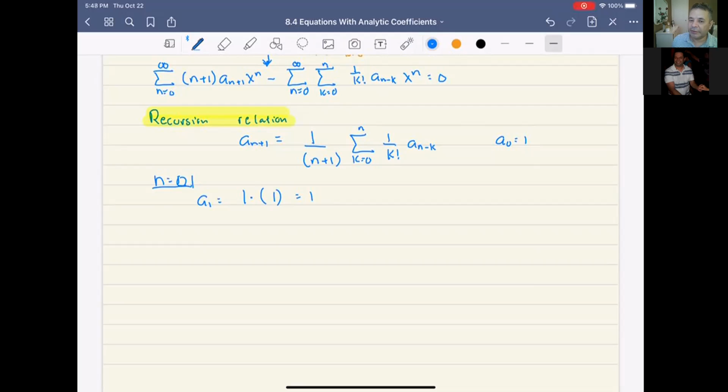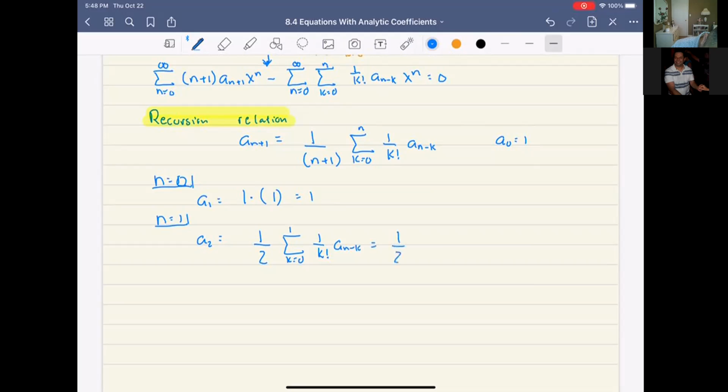Okay, let's do n equals 1. That's going to give us a sub 2. Okay, so a sub 2 is going to be 1/2 times the sum, k goes from 0 to 1, of 1 over k factorial, a sub n minus k.